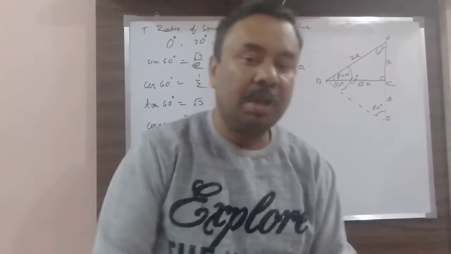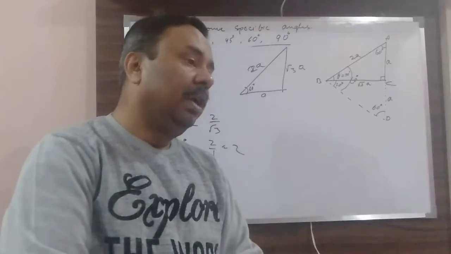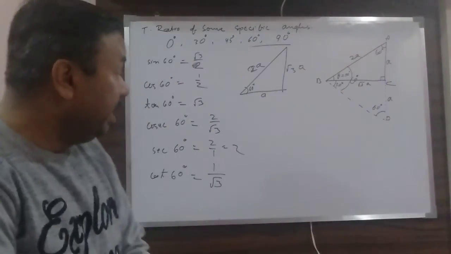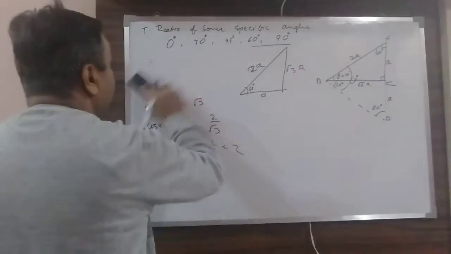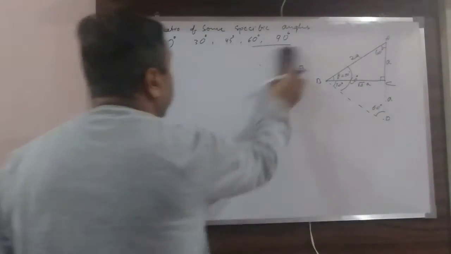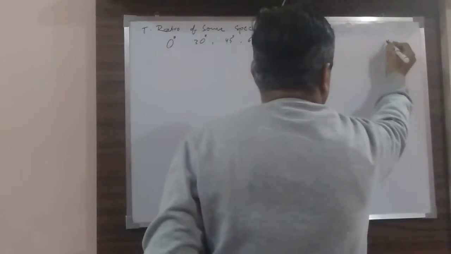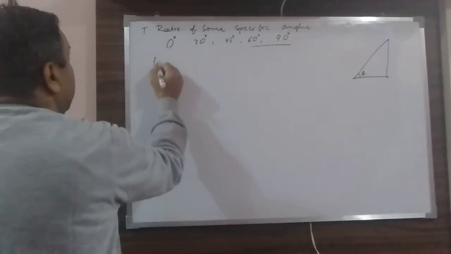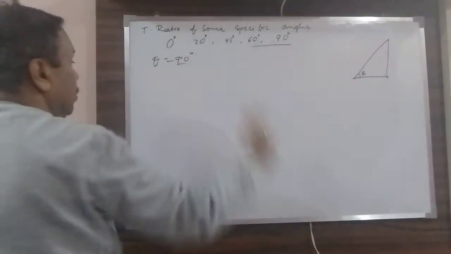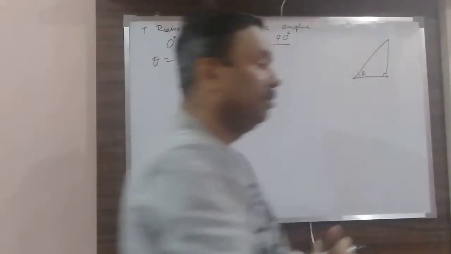Very simple. Now there is just one angle remaining, that is 90 degree. So what will happen if the angle becomes 90 degree? Your reference angle is 90 degree. I will make the diagram once again. This is theta. If theta is equal to 90 degree, what does this depict?